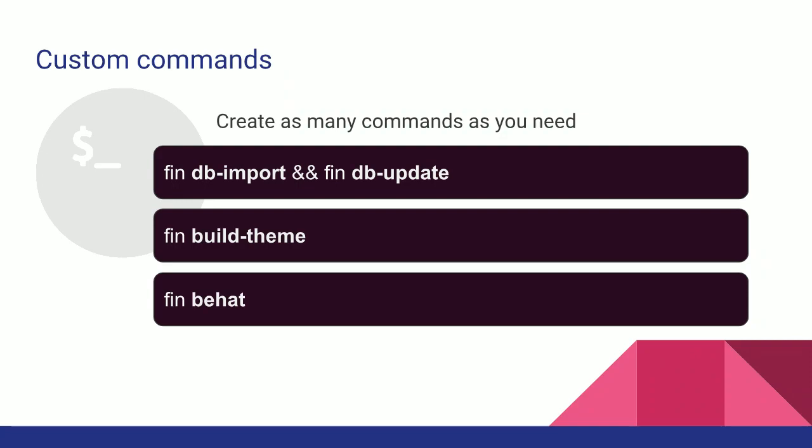But you can use Robo files, you can use anything else that you feel comfortable with to create these commands. But in most cases, they will be simple or more advanced bash scripts. So things like importing the database, running database updates, building the theme, running Behat tests, anything else you can imagine, put them into these individual commands that can be reused and run whenever there is a need for them.